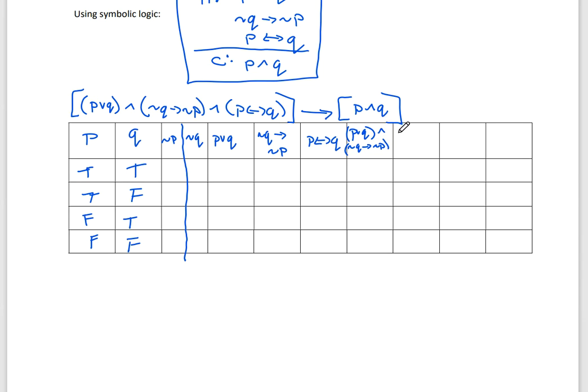Then we'll do P and Q, and not Q implies not P, and P biconditional with Q. So this one is my hypothesis. That one covers everything on the left-hand side. Then we have P and Q. This is my conclusion. So this is my hypothesis implies conclusion.